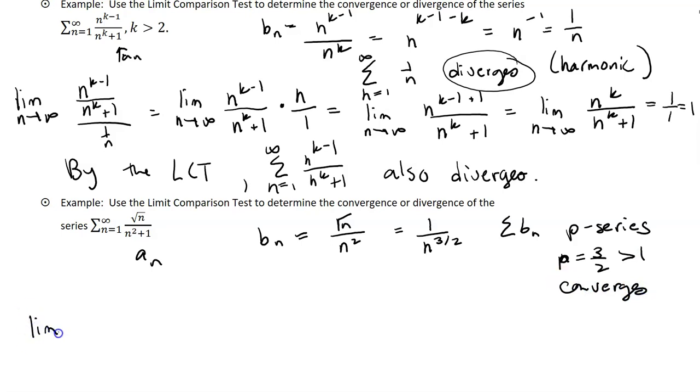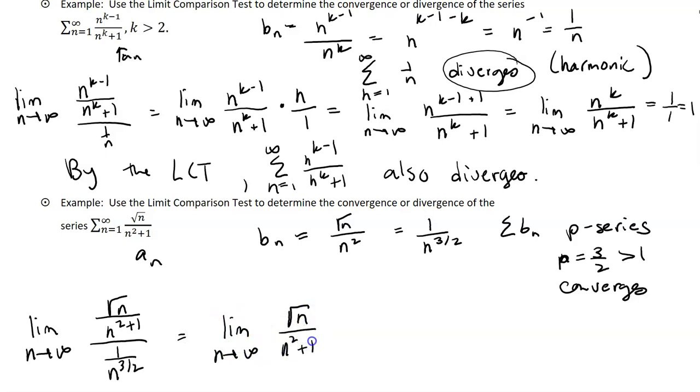So I'm going to take the limit as n approaches infinity of the square root of n over n squared plus 1 divided by 1 over n to the 3/2. So that will be the square root of n over n squared plus 1 times n to the 3/2 over 1, which is the limit as n approaches infinity of n squared, because 1/2 plus 3/2 is 2, over n squared plus 1, which is 1.